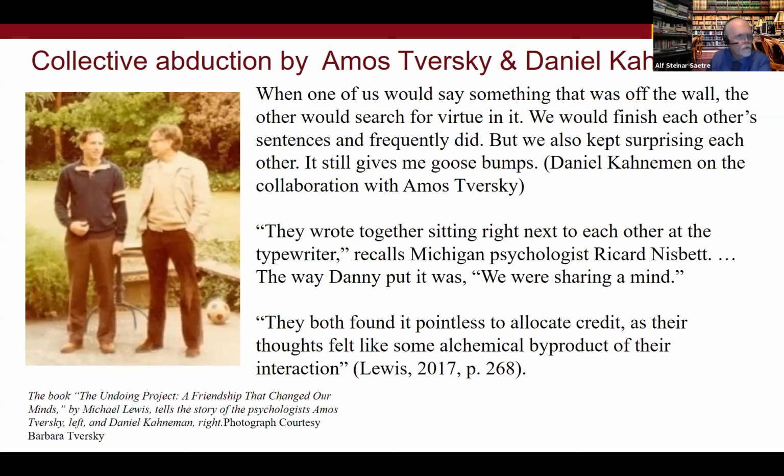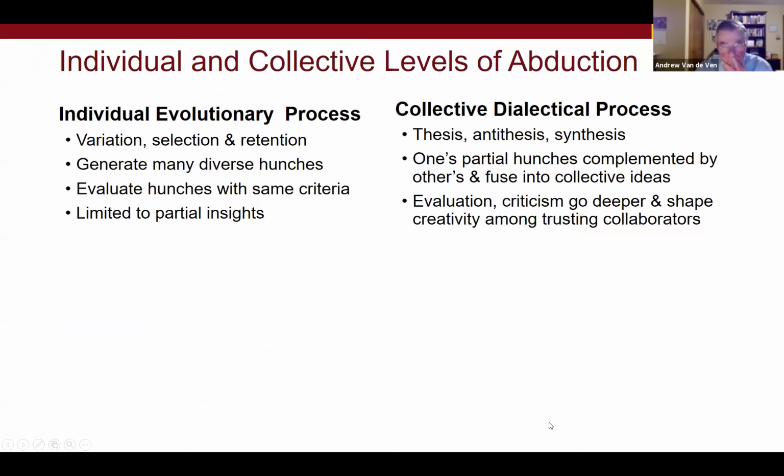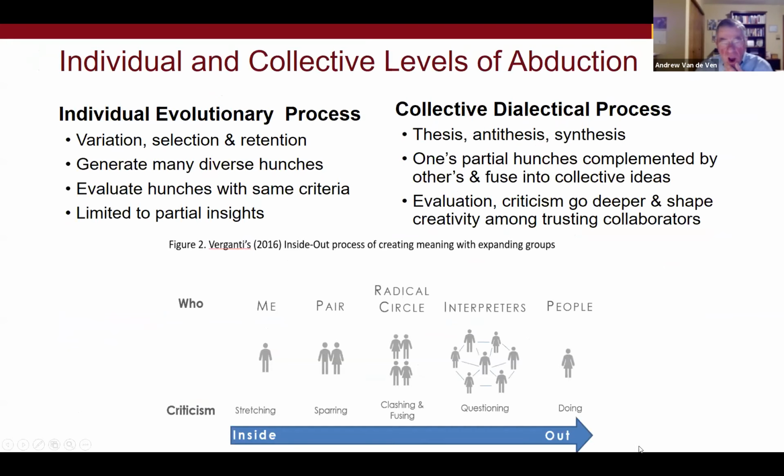Okay. And so if you go to the slide, hang on, the Verganti figure. Oh yes, there we go. If you're working on a paper, and this process describes it, let's say you're two authors, but the process doesn't stop with two, because our radical circle might be akin to the people we thank in our footnote for commenting on earlier versions of the paper.